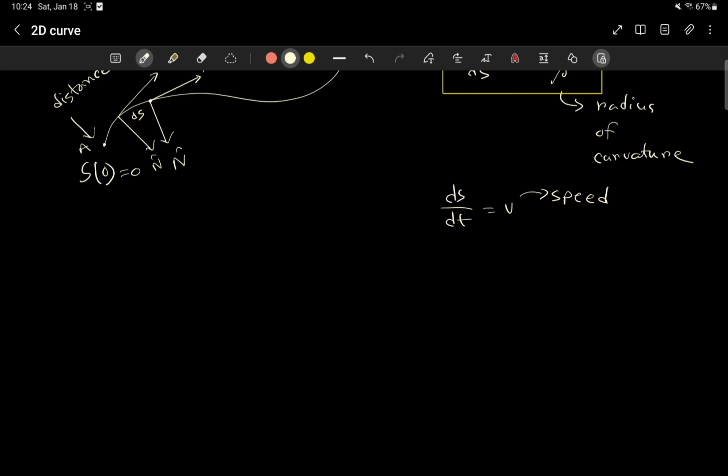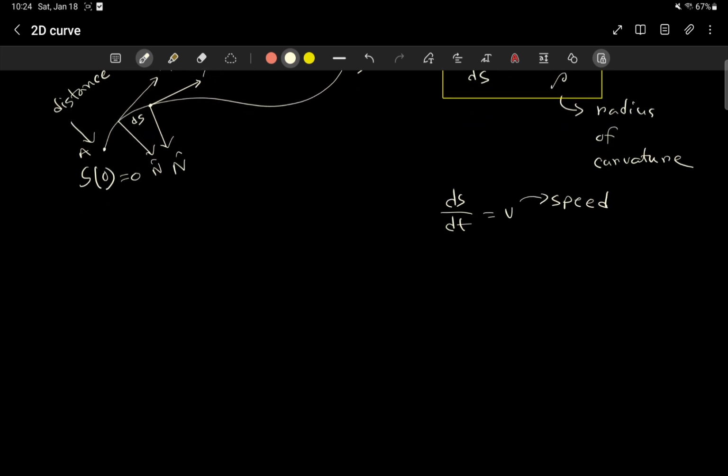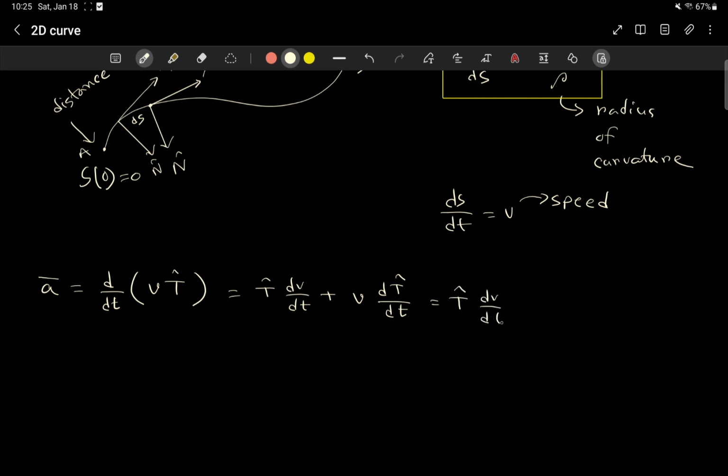So what we can really do now is characterize the velocity vector v, which has magnitude and direction. The direction is always tangential, so we can use the tangent unit vector. And the acceleration will be the change of velocity vector with respect to time, right? So we can now differentiate it: a is dv/dt T plus v dT/dt.